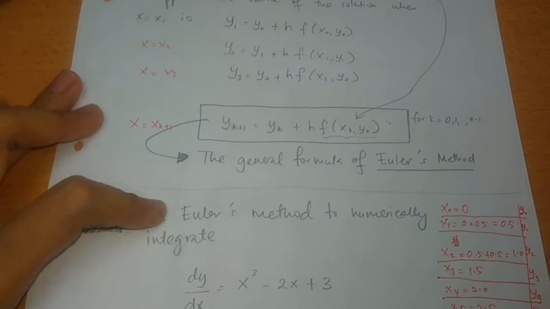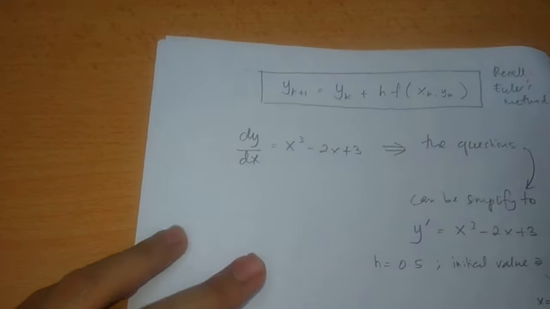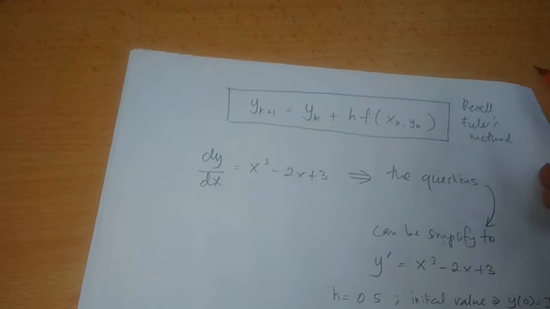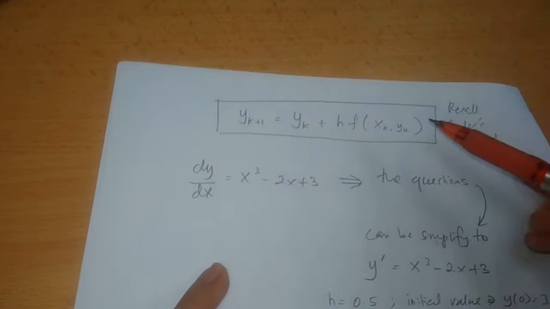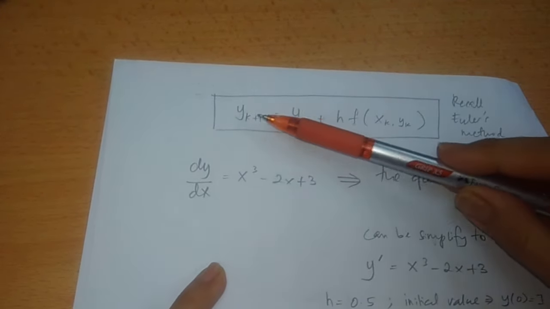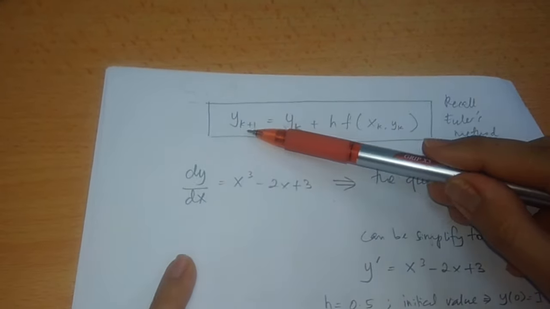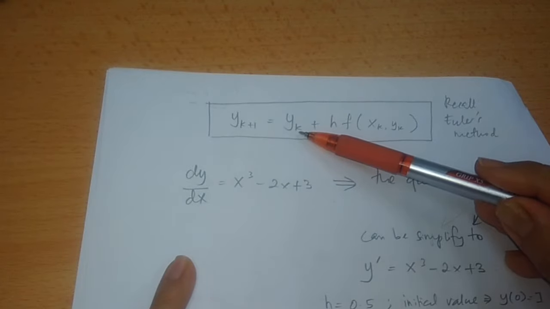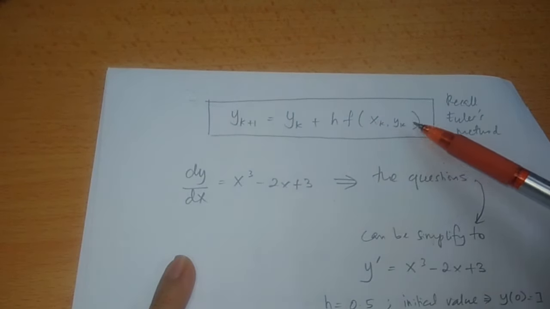Okay, so how to do this? I put it here. You recall Euler's method. This is the formula: y(k+1) equal to yk, the previous one, plus h f(xk, yk).